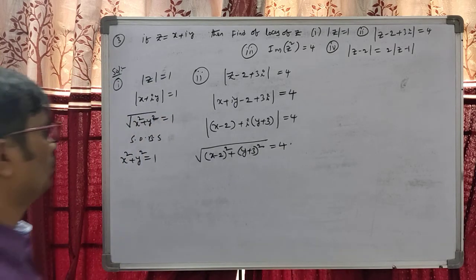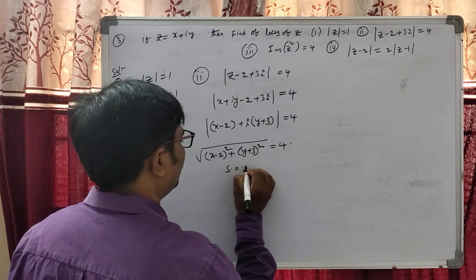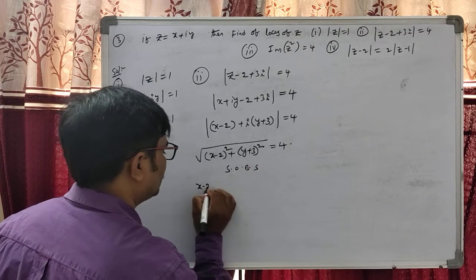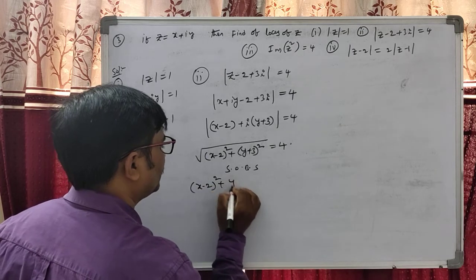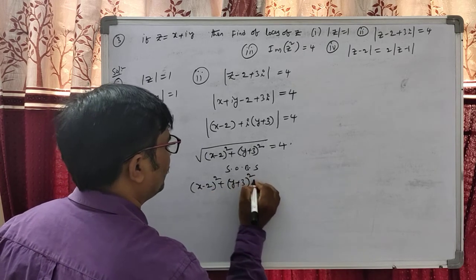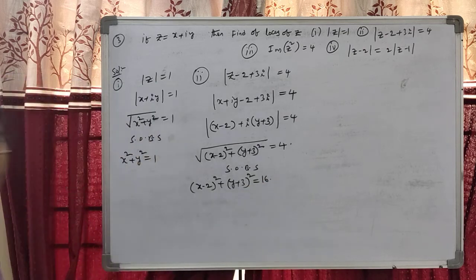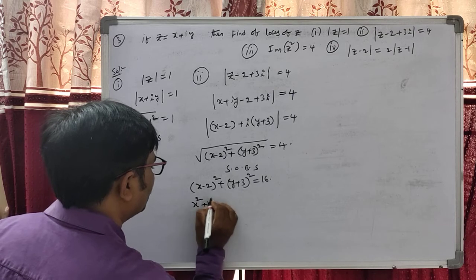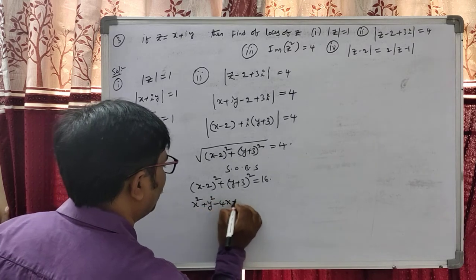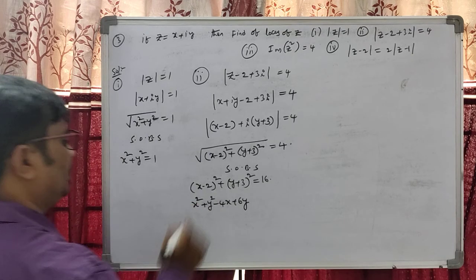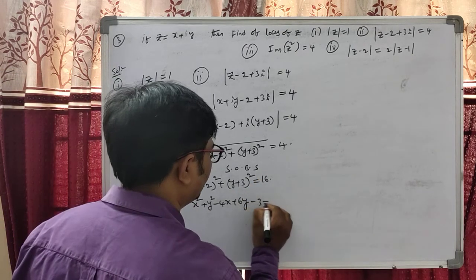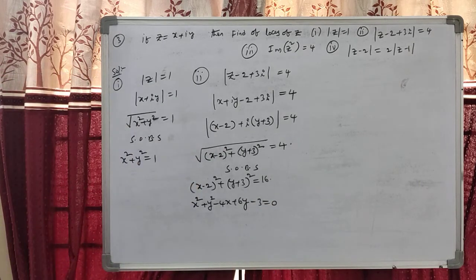Squaring on both sides, x minus 2 whole square plus y plus 3 whole square equal to 16. So students, x square plus y square minus 4x plus 6y, 9 plus 4 is 13, 13 minus 16 is minus 3, equal to 0. Okay students, this is the locus of z.